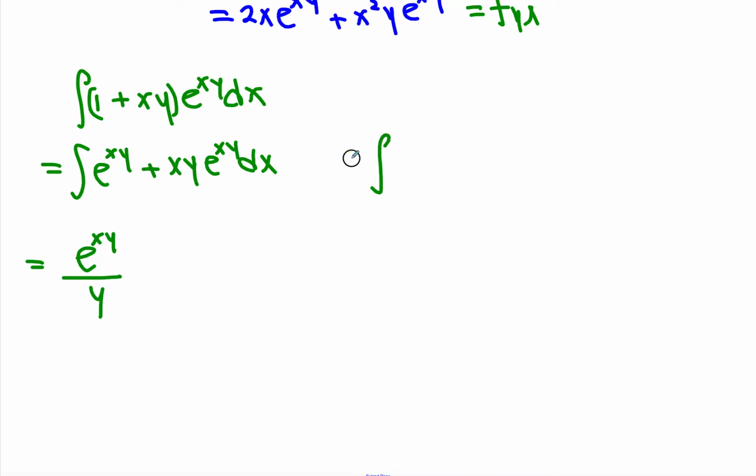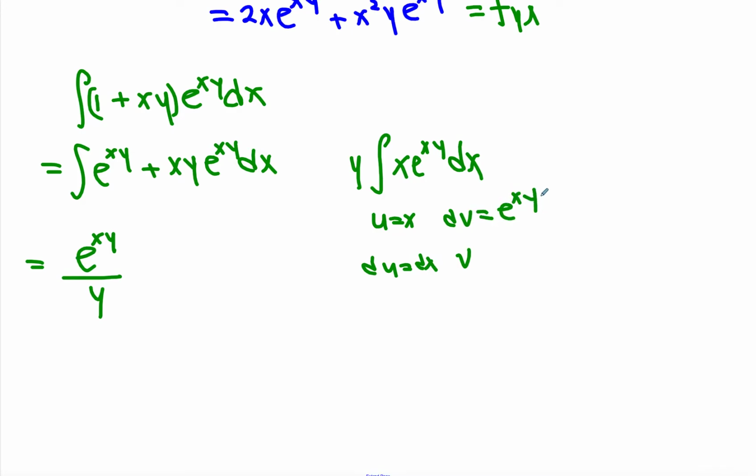I'm going to assume that y was already there: x e to the xy dx. So I set u and dv. Assume u is x, then du equals dx. dv is equal to e to the xy, then v must be equal to e to the xy over y.